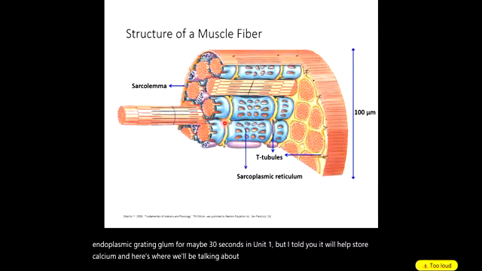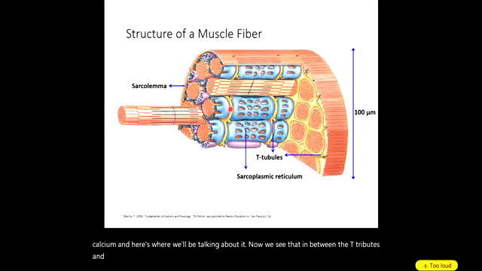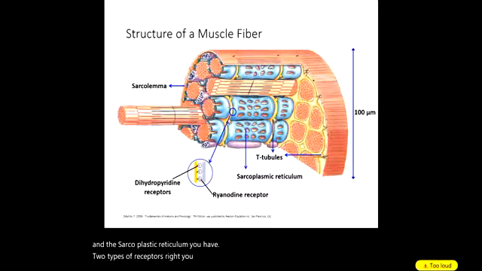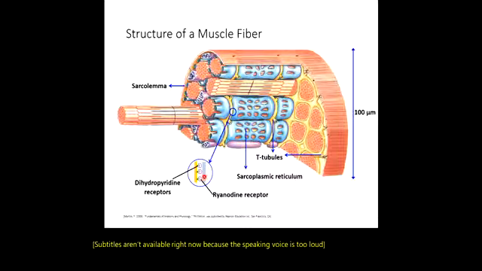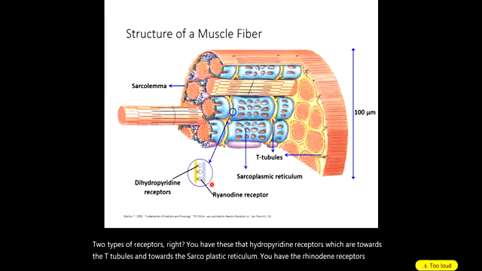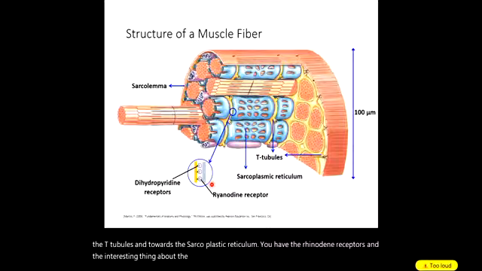Now we see that in between the T-tubules and the sarcoplasmic reticulum, you have two types of receptors. Right? You have these dihydropyridine receptors, which are towards the T-tubules, and towards the sarcoplasmic reticulum you have the ryanodine receptors. And the interesting thing about the dihydropyridine receptors is that they are voltage gated.